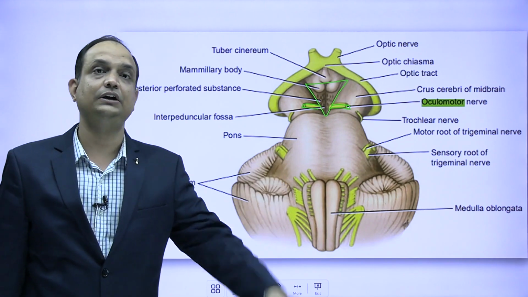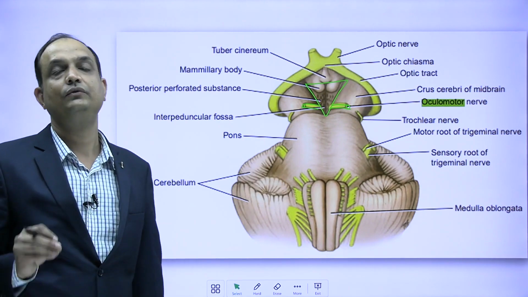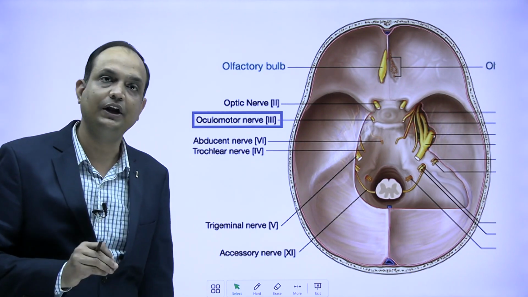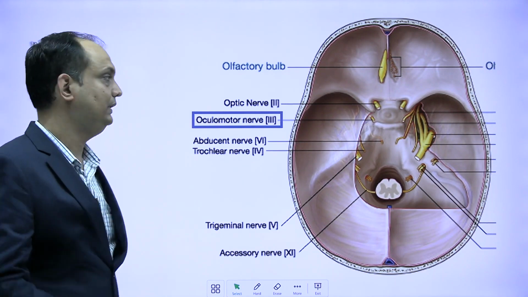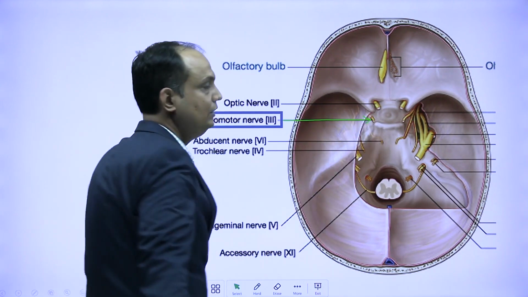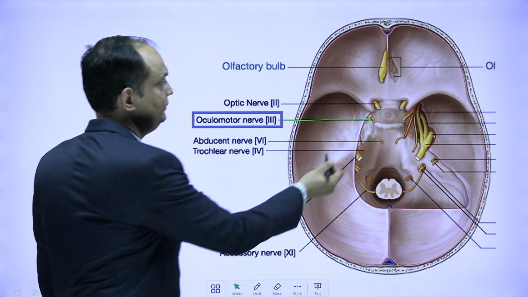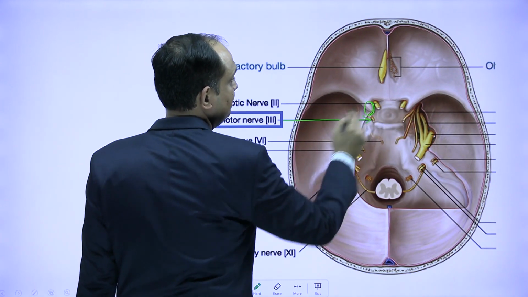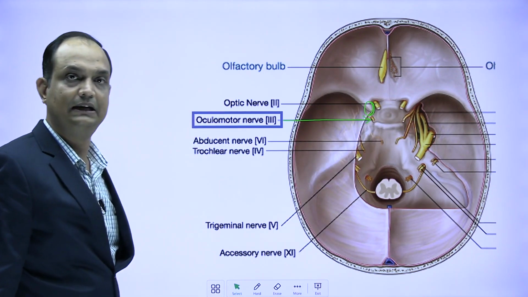Then it enters the interpeduncular cistern, where it is immediately related to the posterior communicating artery. Further on, it pierces the dura. This is the nerve piercing the dura, and then it enters this area known as the cavernous sinus. Clear?